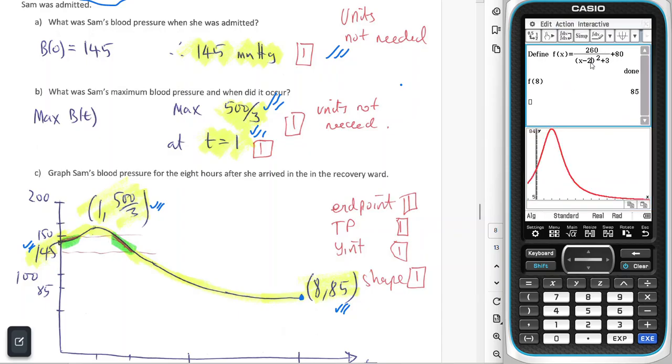It's moved across. What if it was at 3? Moved it across. So the turning point is going to be governed by this number here, which in this case is 1.